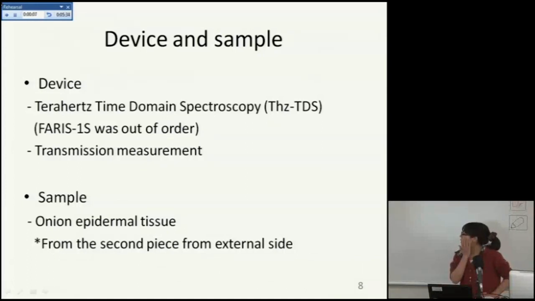The sample tissue was peeled off from the second leaf from the external side of the onion, and it is red. The external side tissue is relatively very thin, and it is very likely to transmit the terahertz radiation.